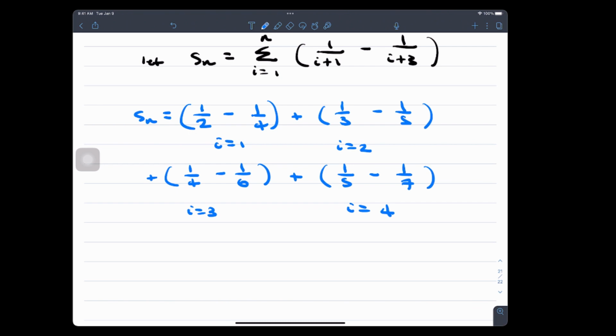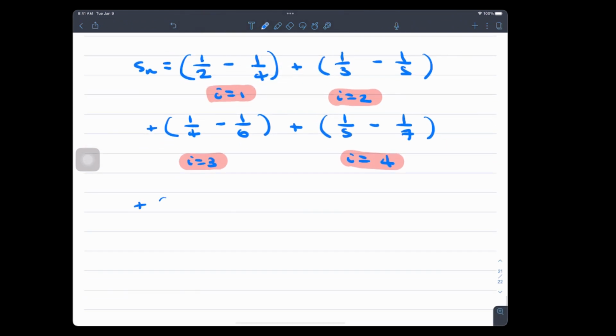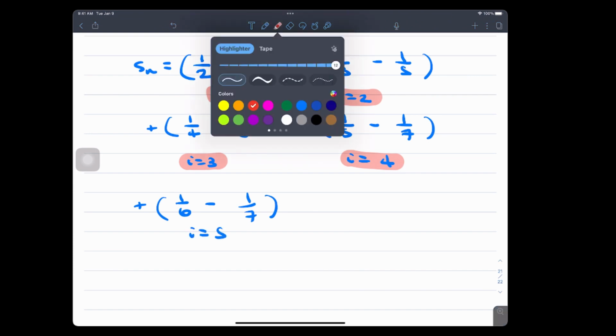So notice what's going on with the terms, ladies and gentlemen. Look at all these terms. i is 1, i is 2, i is 3, i is 4. 1/6 minus 1/7, i is 5.